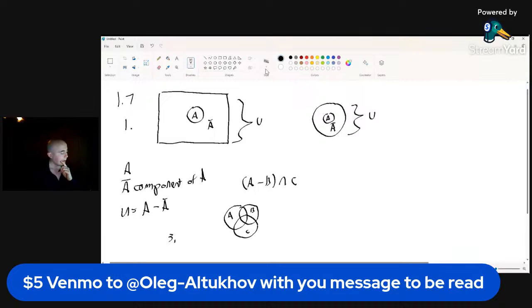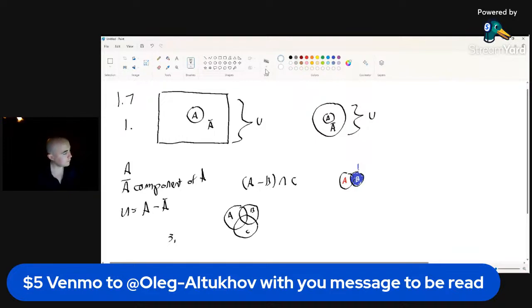So, all right, let's go a little simpler here. Let's go one at a time. Let's just use color. Okay, this is A. This is B. Actually, you just use white.